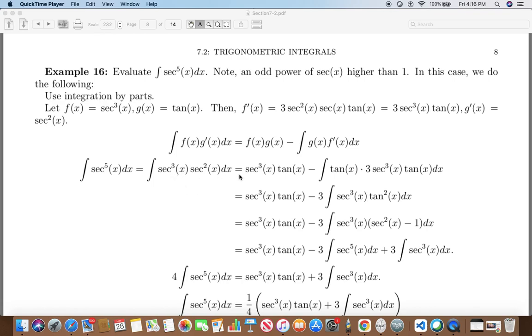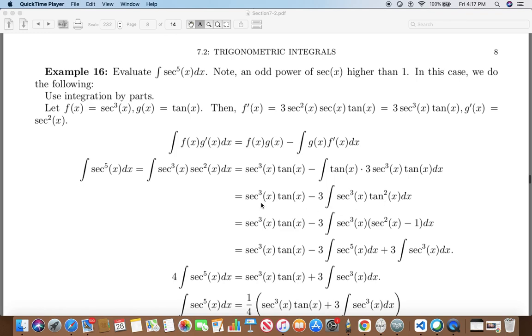It is equal to f times g, so secant cube times tan x, minus the integral of g, that is tan x, times f prime. F prime is 3 secant cube tan. So this is fine as it is: secant cube tan minus 3 times secant cube tan squared x.